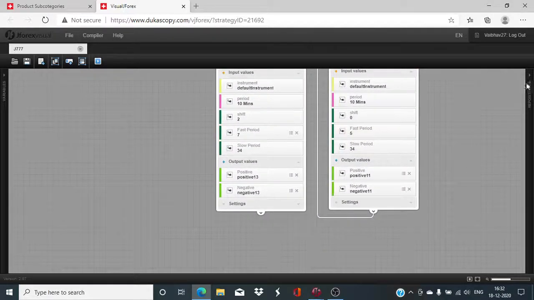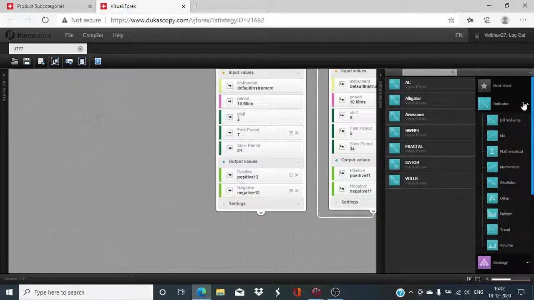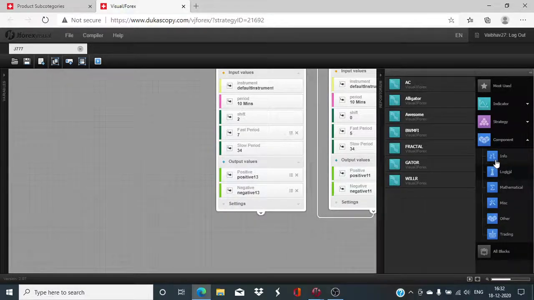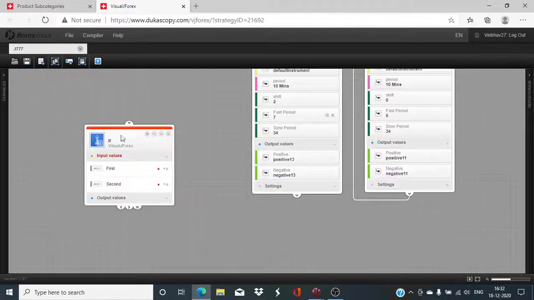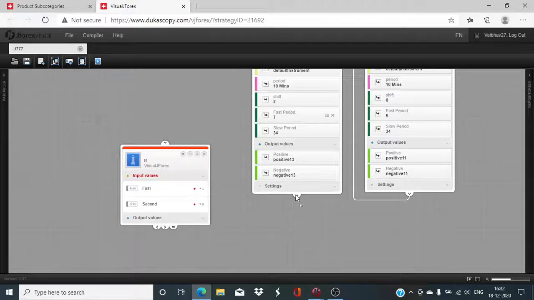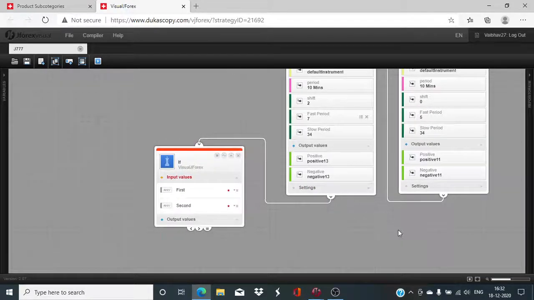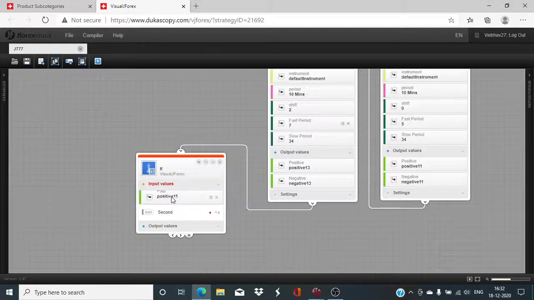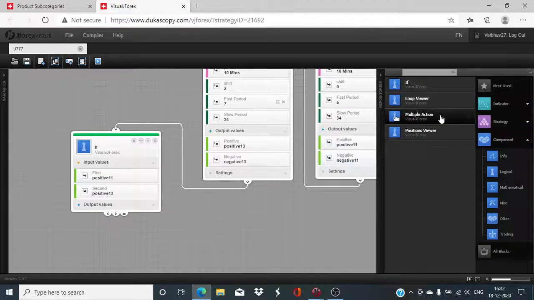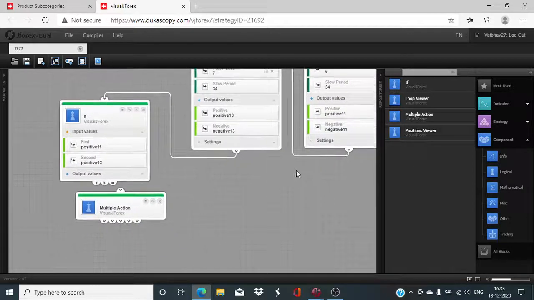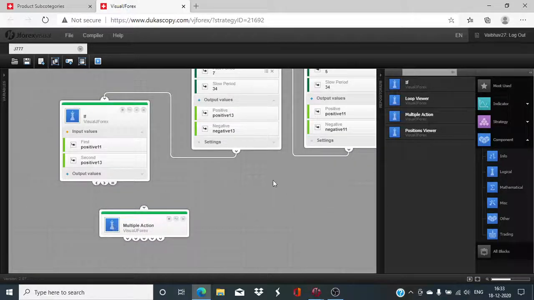Then you want to do the comparison, and for that you add another logical component, for example the if else statement. You want the current positive value to be higher than the positive value to get it back, and then you again take the multiple action block and carry on.